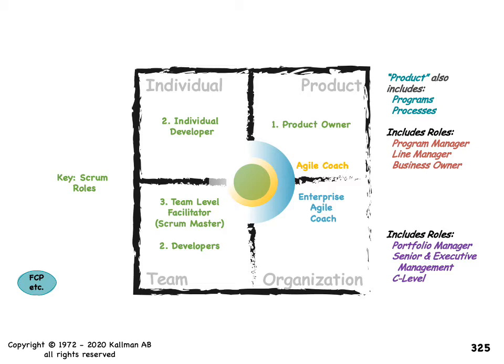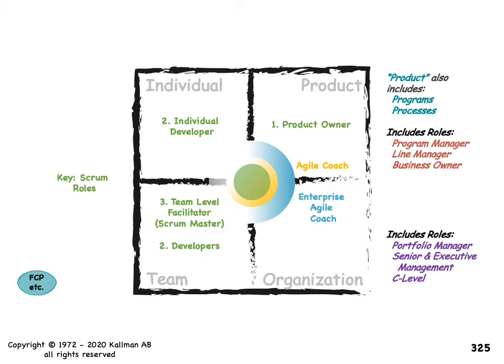And basically, it's building on the competence of a Scrum Master or team level facilitator. So the Agile coach is going to work more with the product owners, as well as the Scrum Masters, and the Agile coaches are going to also work with the Enterprise Agile coaches, who are that outer blue circle that work primarily on the right-hand side.